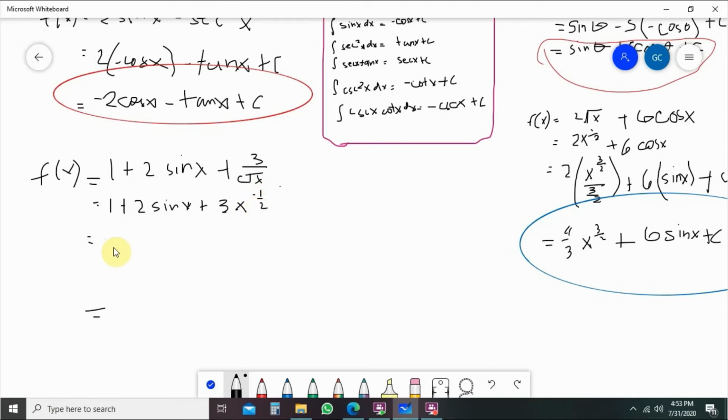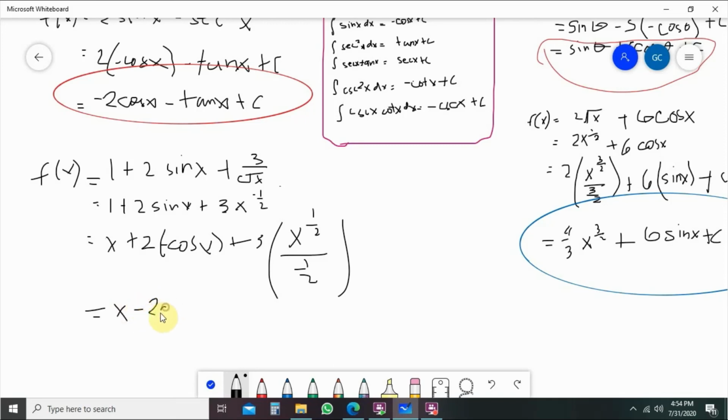Now we can integrate. The integral of a constant is x, plus the integral of 2 sine x would be negative 2 cosine x, plus 3 times x raised to negative 1/2 plus 1, which is x to the 1/2 over 1/2. And that leaves us with x minus 2 cosine x plus 6.